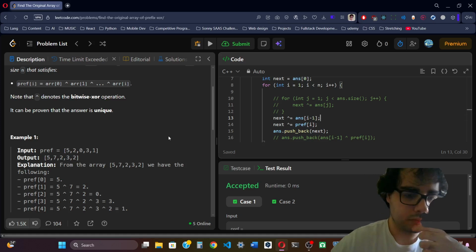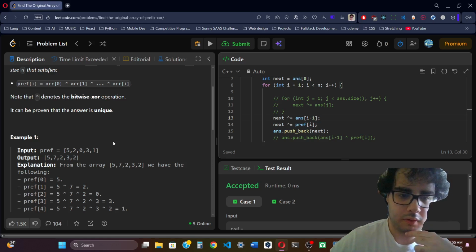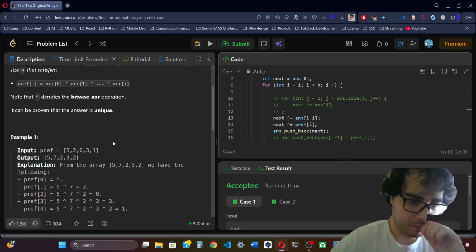So if I XOR like this, I get 2, and then I push it back.